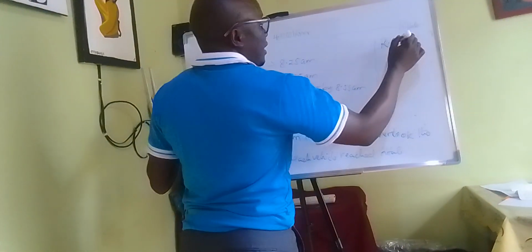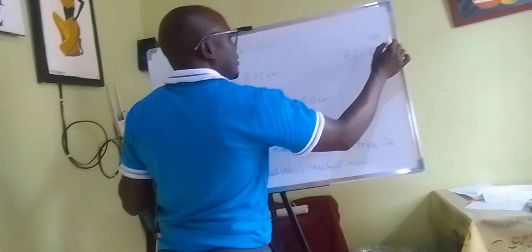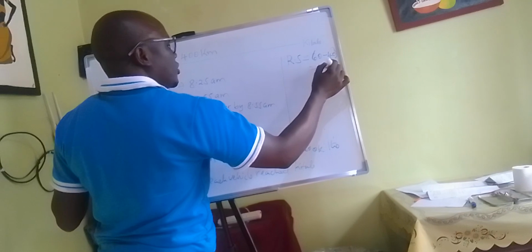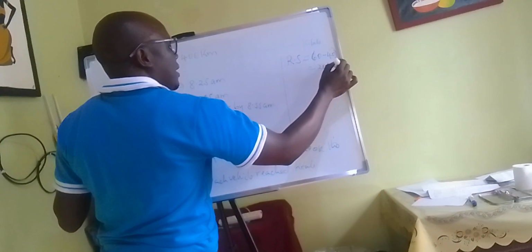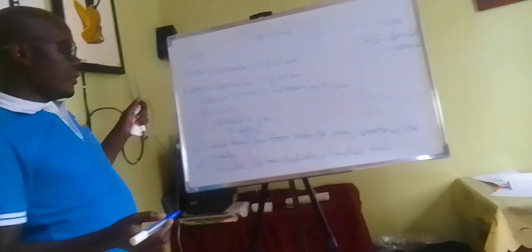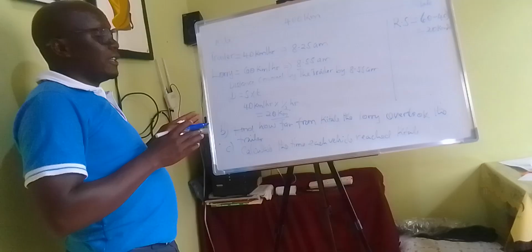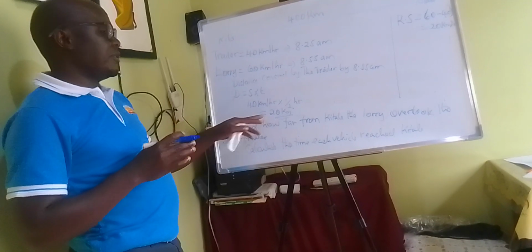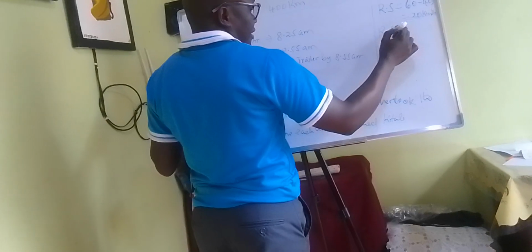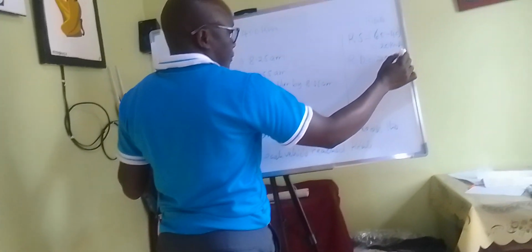So the relative speed is that of the lorry minus that of the trailer, which is 20 kilometers per hour. Again here, we are interested in the relative distance. By the time the lorry is leaving, the trailer had covered 20 kilometers. That 20 kilometers is the relative distance between the two bodies.